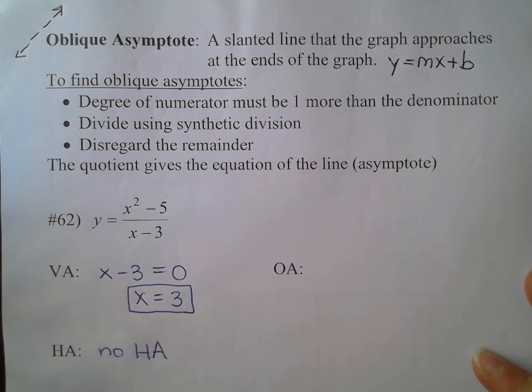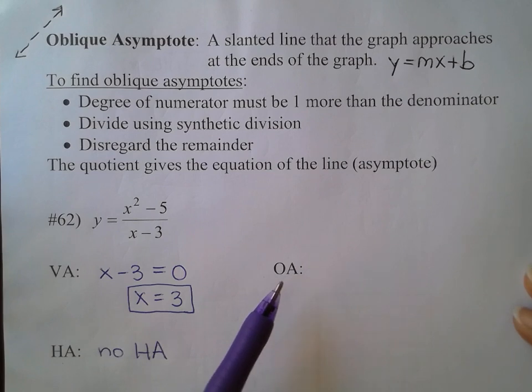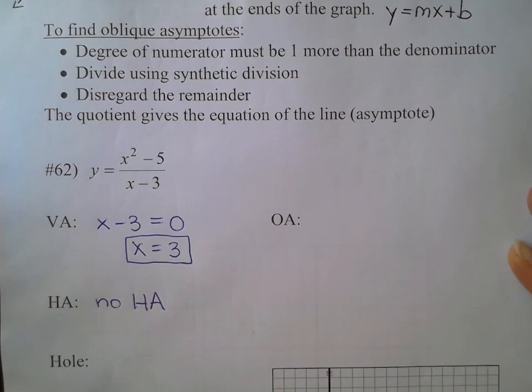The graph will never have both oblique asymptote and horizontal asymptote. It's always going to be one or the other. So the ends of the graph are either going to approach a horizontal line or it could approach a slanted line, but not both. Okay, because we did not factor or cancel, we have no hole for this one.